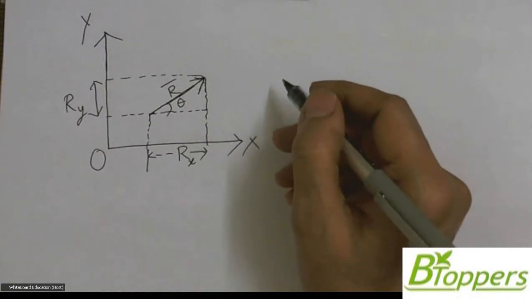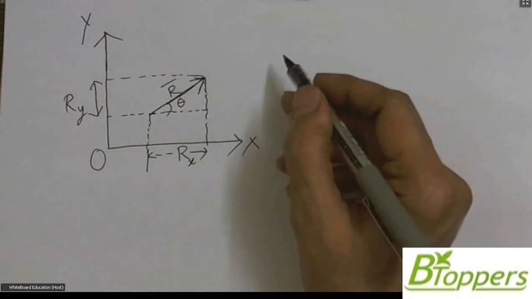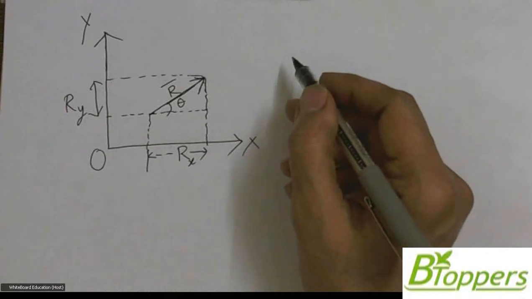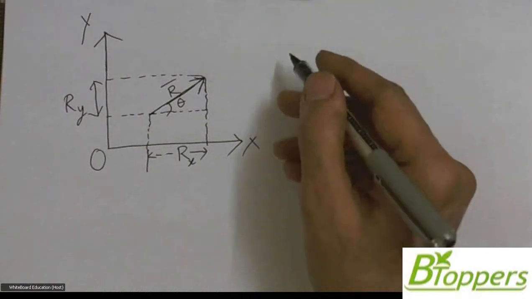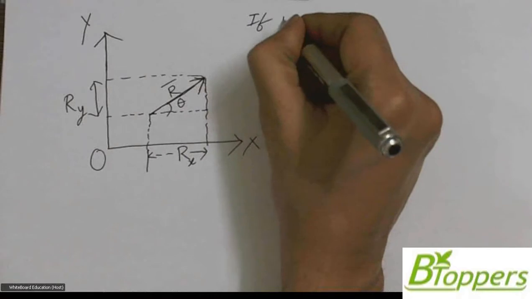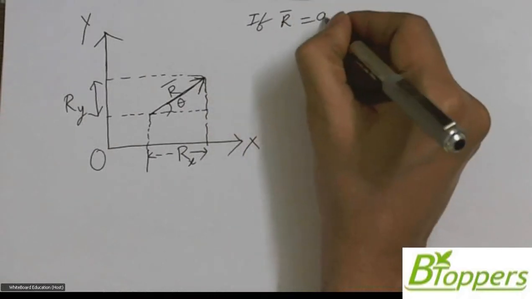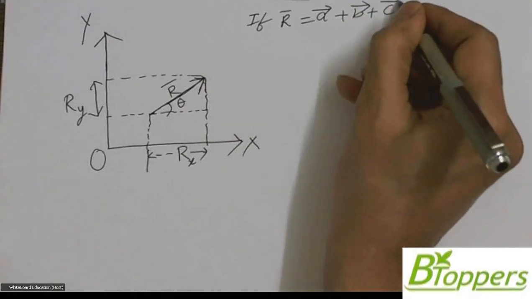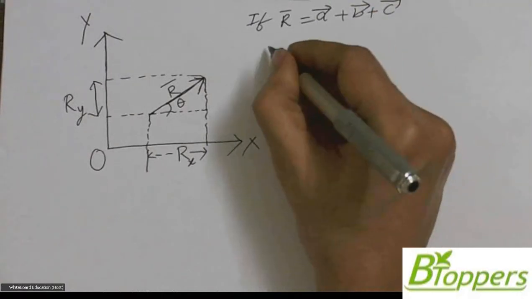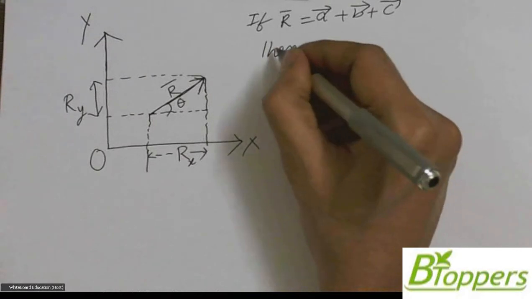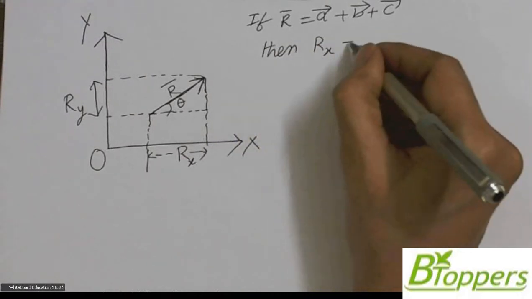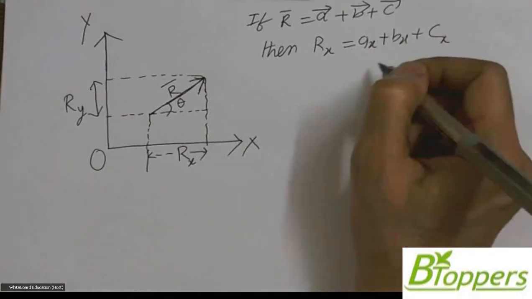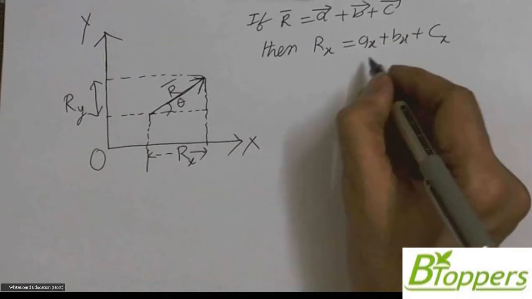Of course, the same discussion can be extended for addition of any number of vectors. Suppose R bar is the vector sum or resultant of three vectors A bar, B bar and C bar, then we can write Rx equal to Ax plus Bx plus Cx, where Cx is the x component of the third vector C bar.